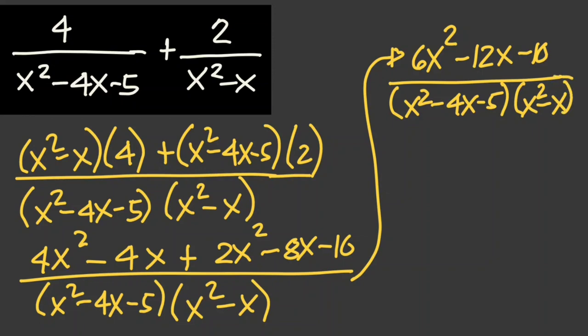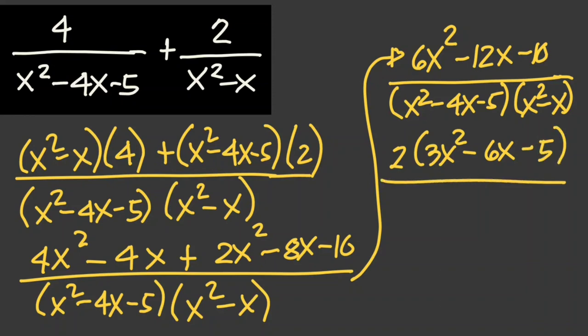Now we can simplify further both our numerator and denominator. For our numerator, we can extract the common number, which is 2. So we can write this as 2 times 3x squared minus 6x minus 5.